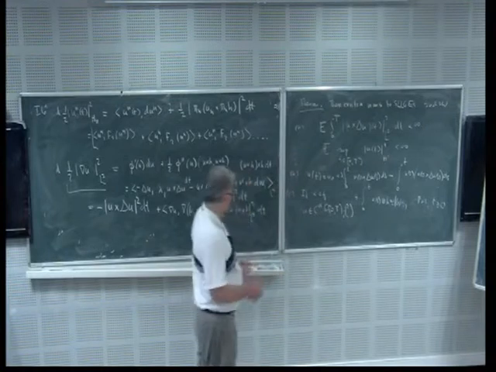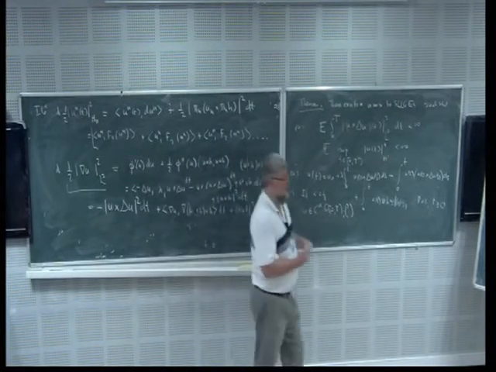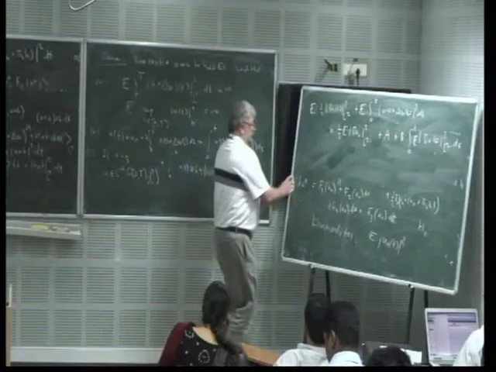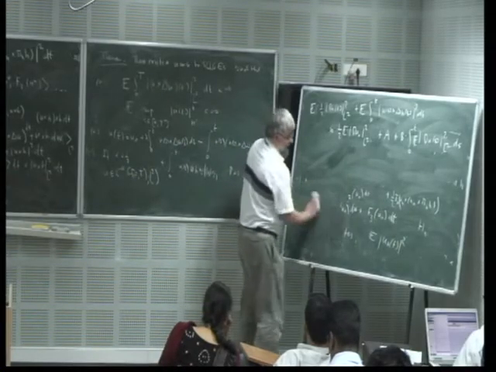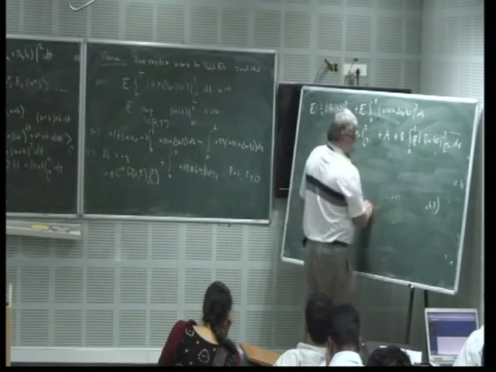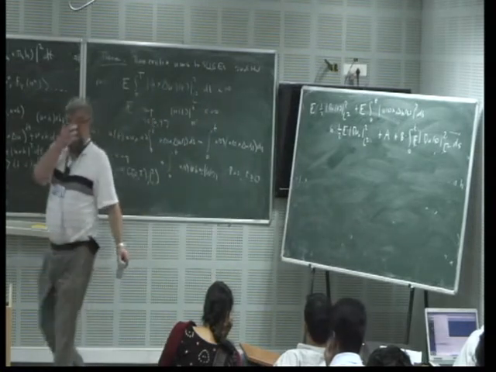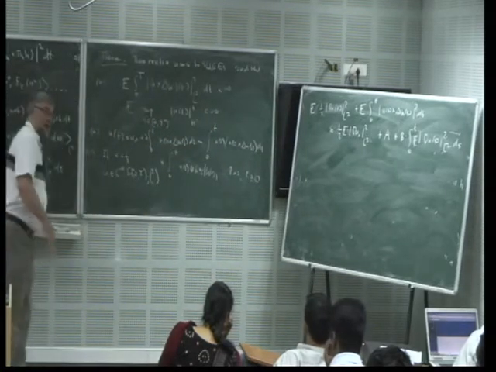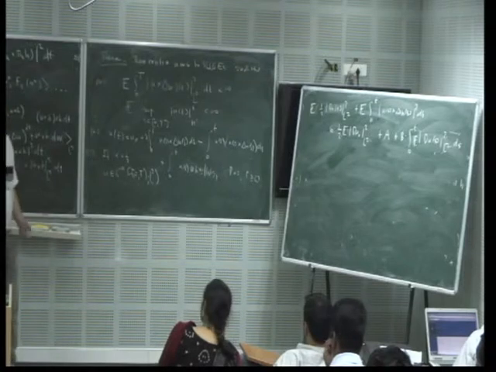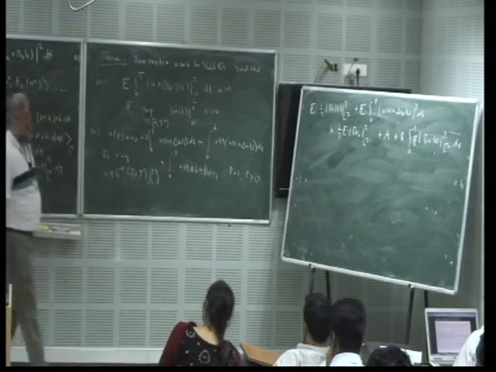One important tool is the Skorohod embedding theorem. I don't know whether it was mentioned: if you have a sequence of processes which have some uniform bounds, then you can prove that the laws of those processes are tight in some topology.